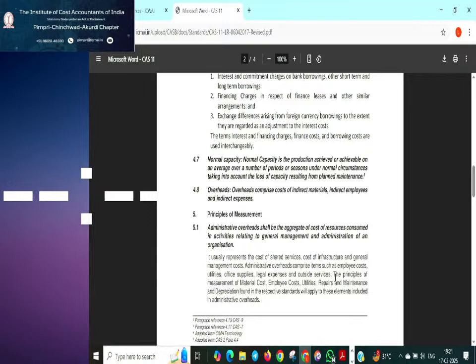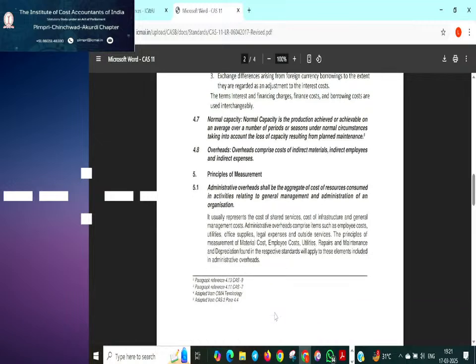The principles of measurement of material cost, employee cost, utilities, repair and maintenance, depreciation found in the respective standards will apply to these elements included in administrative overheads. So administrative overheads include all these costs, but that which is not related to production directly will come under administrative overheads. That you should be careful about.